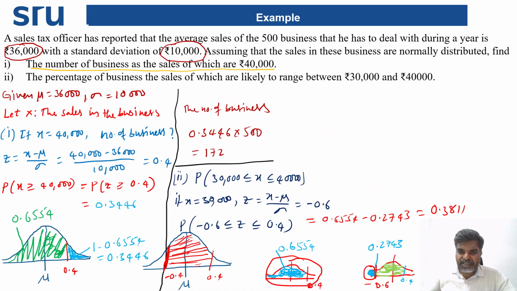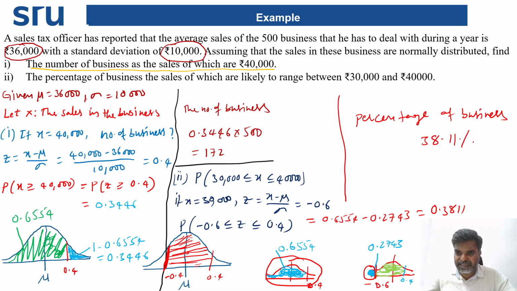So what is the percentage of business in the given range? By using this probability we can write the percentage, that is 38.11%. Okay, this is the required answer.